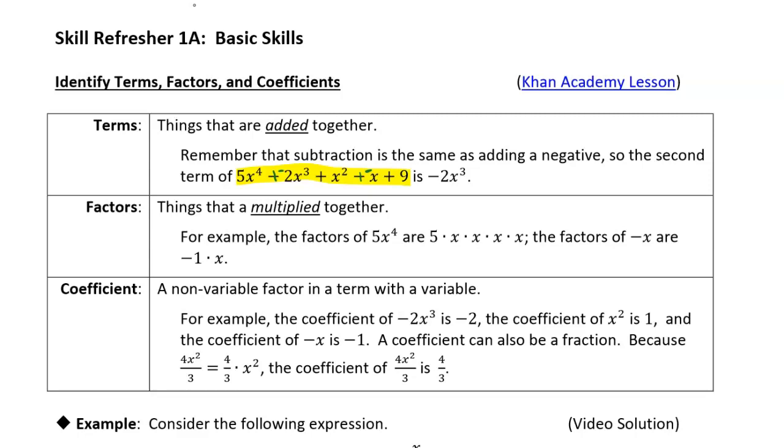So those are all factors of 5x to the fourth. Now, if we have a term like a negative x, there's a little bit of a hidden negative 1 there, right? So this is the same as negative 1 times x. So we could say that the factors of negative x are negative 1 times x.